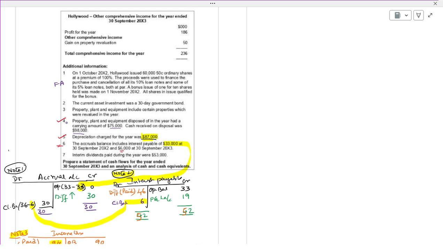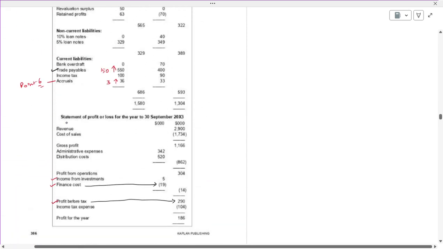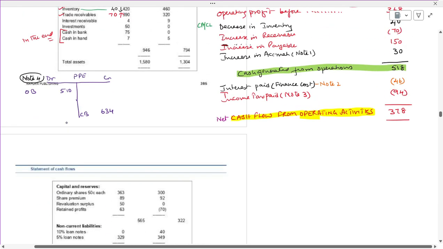If they have sold the asset, does it increase or decrease? It decreases, 75, credit side. Cash increases, and that will be the debit side.